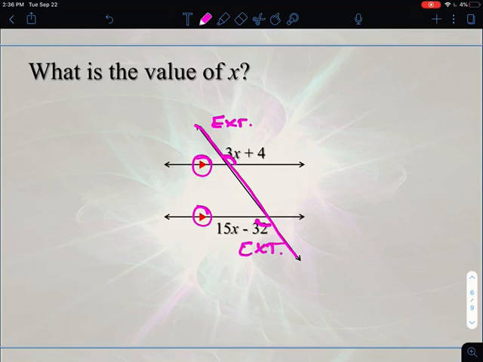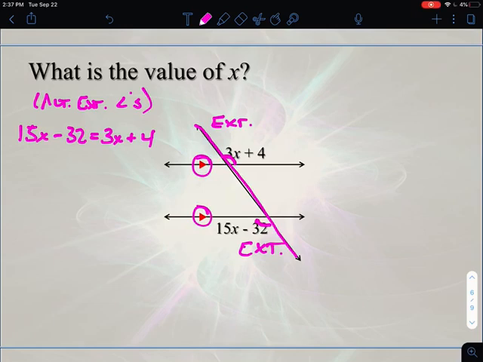So if they're on opposite sides and exterior, that means 15x minus 32 has to equal 3x plus 4. And that's because these are alternate exterior angles.